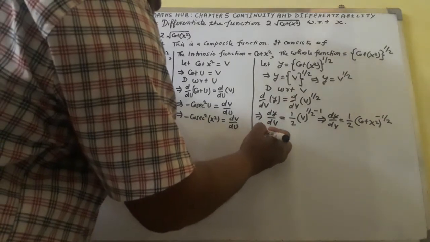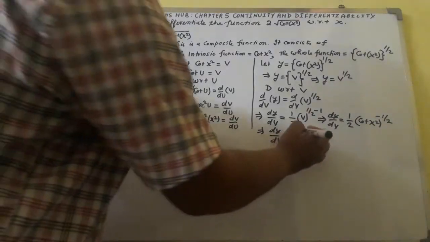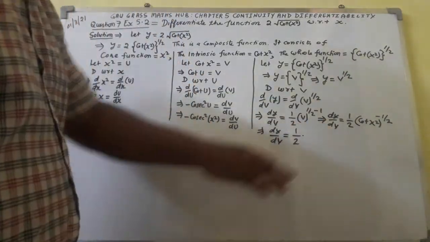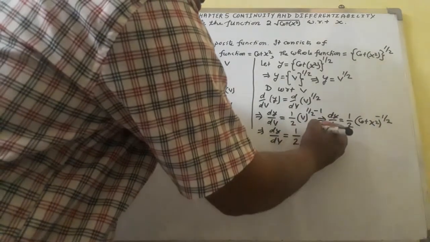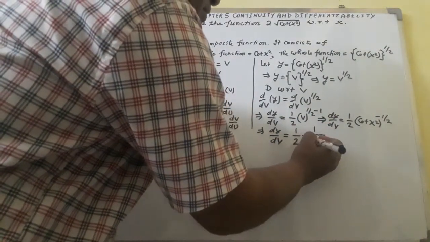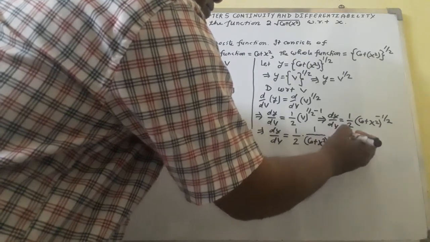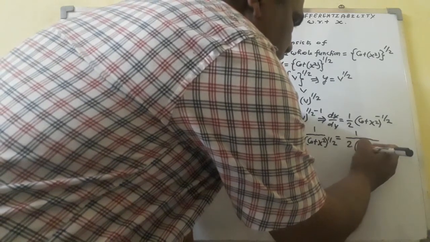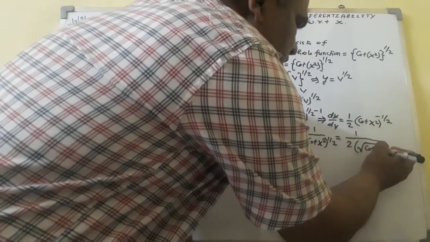So again one line I shall write: dy over dv equal to 1 over 2 dot cot x square whole raised to power minus 1 over 2, which comes out to be 1 over 2 in bracket under root cot x square.